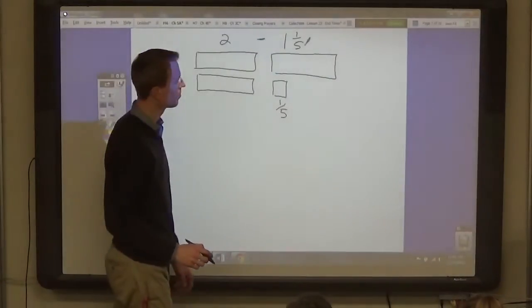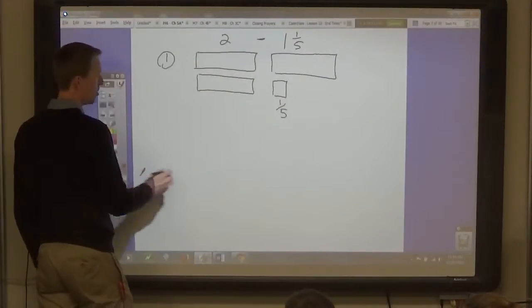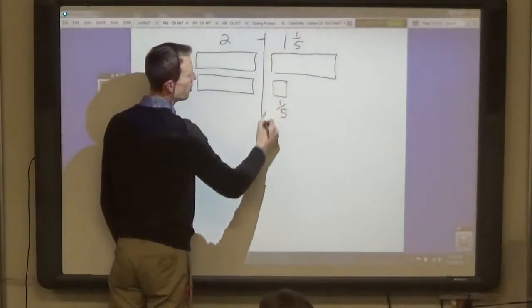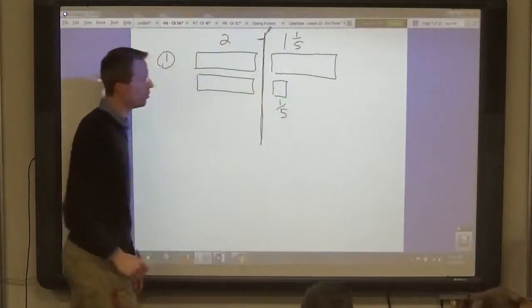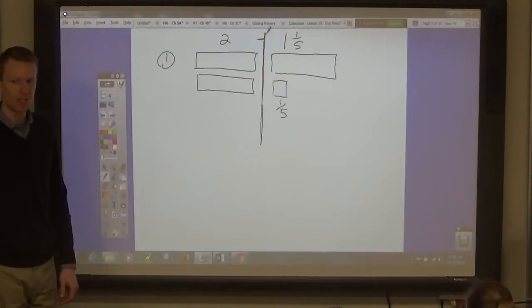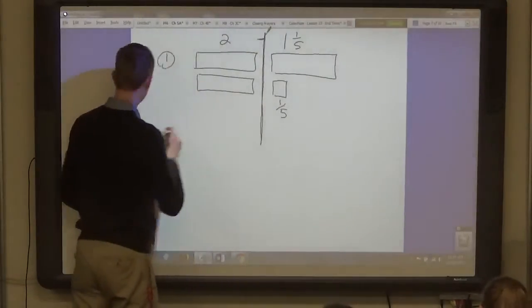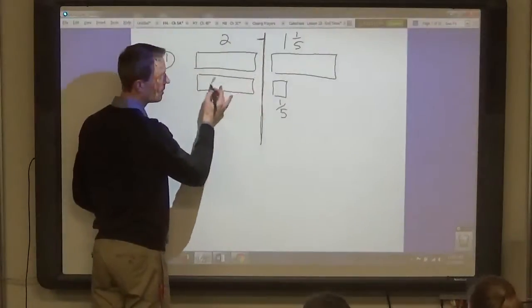Okay? So, what I want you to do is make sure you draw this line that separates the two. And you can draw it just like that. Okay? And then, when you're crossing out, you can cut this into fifths.